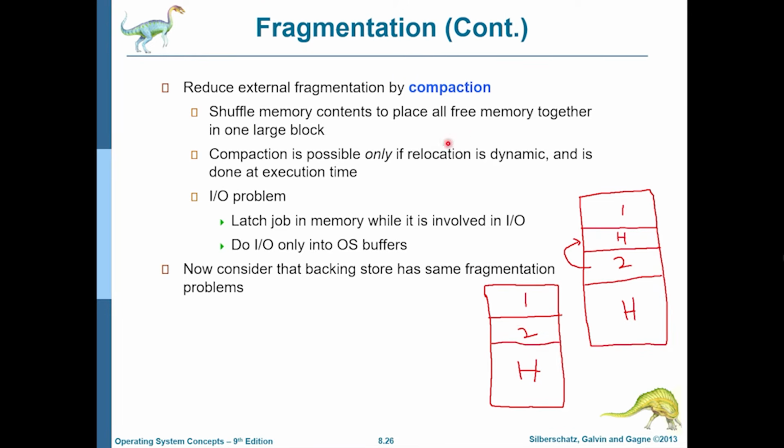So if relocation is dynamic, if the operating system can dynamically rebind the addresses of 2 so that it can run at a new location all the time while it is active and lively, then compaction is possible.